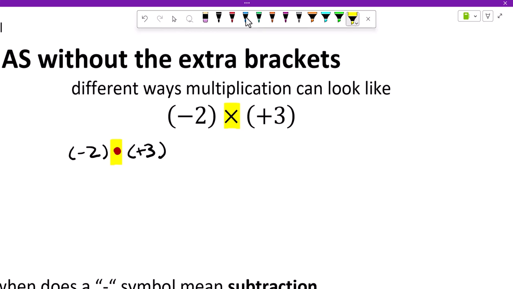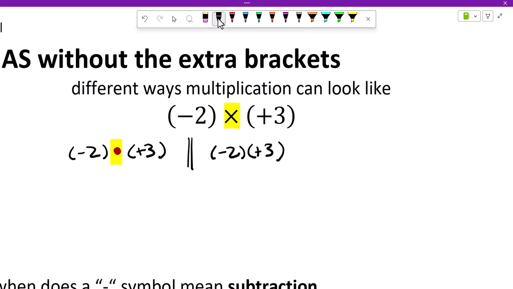Okay, I could do this exact same statement without a times or without a dot. I could go negative 2, because don't 2 brackets equal x, which makes times? Yeah, if you have 2 brackets touching each other, it means times. Right? So we're getting rid of extra information. Now, we also don't need to show pluses for positive numbers.